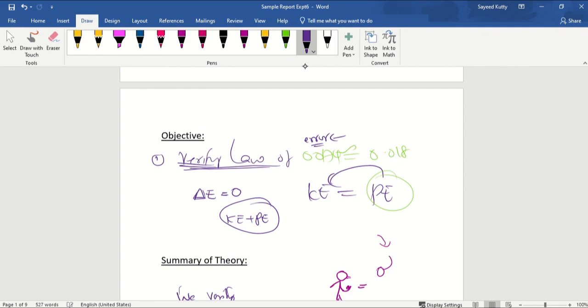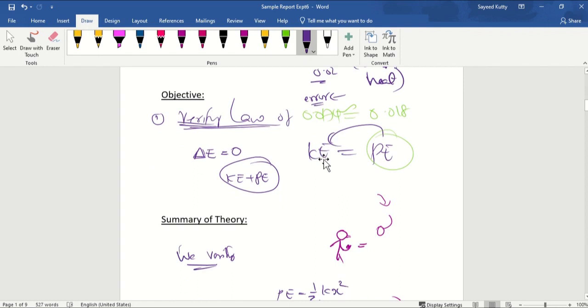Maybe we don't compress it exactly to 0.02. Maybe there is a loss of energy in the form of sound, heat, because when we compress the spring, internal energies are formed there. So there is heat, and so many ways of loss of energies. That could be the reason.